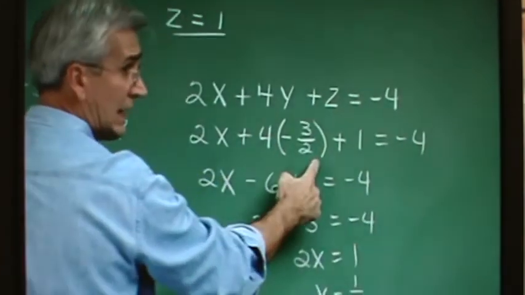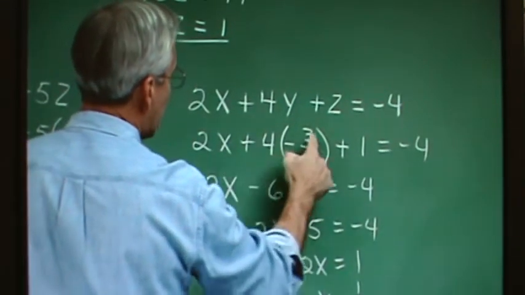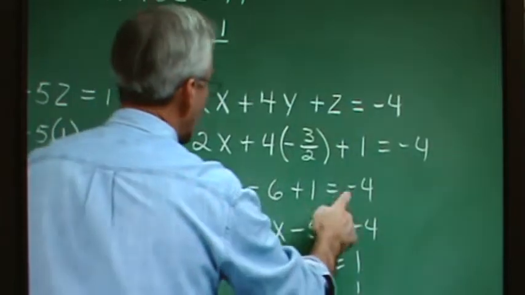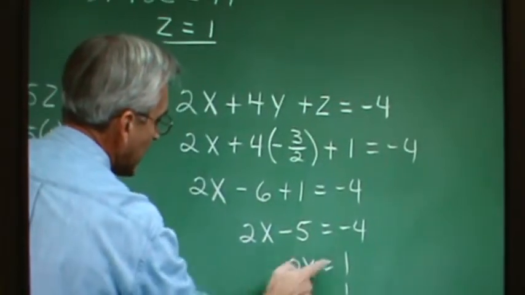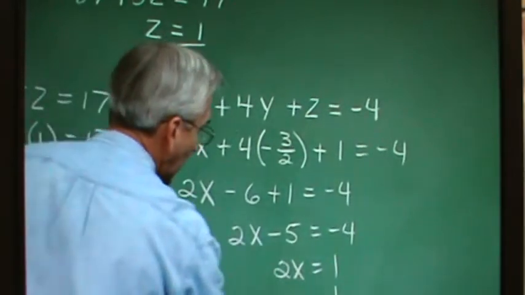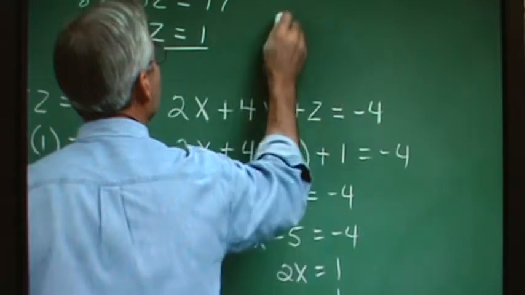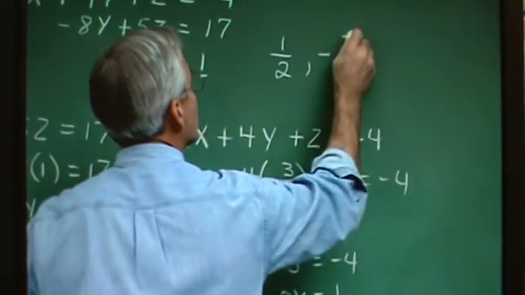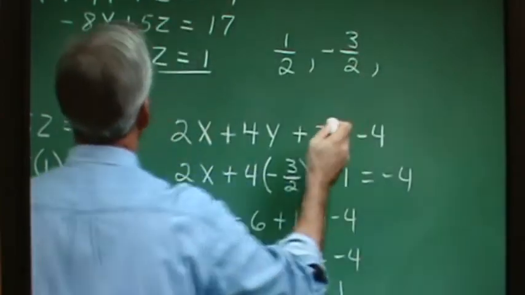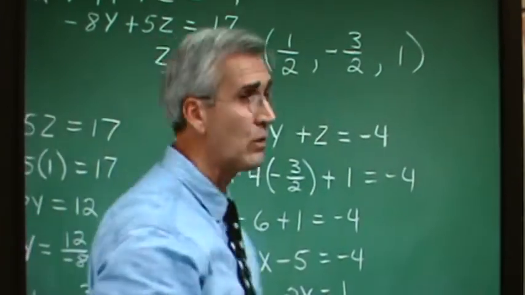We have a nice cancellation here, fortunately. The 2 divides 4, giving 2. 2 times negative 3, negative 6. And then collecting and adding 5 on both sides, we find 2x to be 1, so x is 1/2. And therefore, the ordered triplet: x is 1/2, y is negative 3/2, z is 1, so this ordered triplet solves the system of equations.